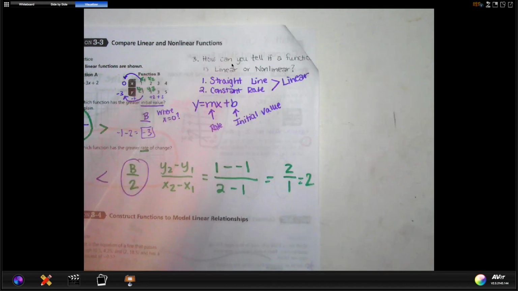So any graph that makes a curve is non-linear. It's got to make a nice straight line. Or any table, like when we did our table up here, we could see that it was going up by 2 every time. But if it's not going up by the same amount every time, we know that's going to be non-linear.